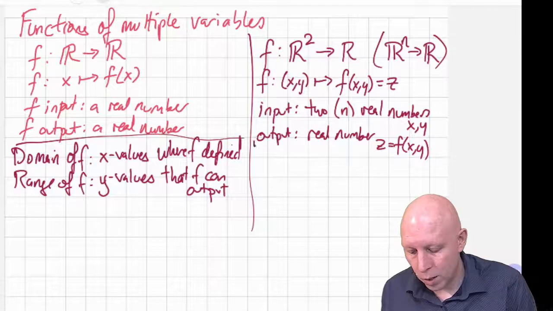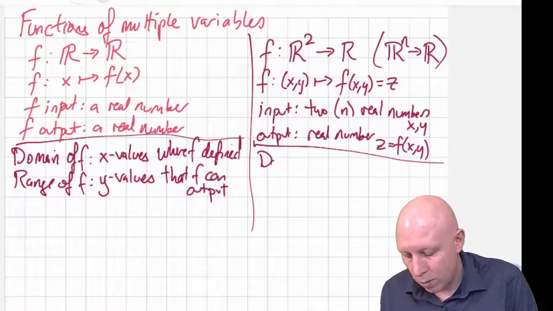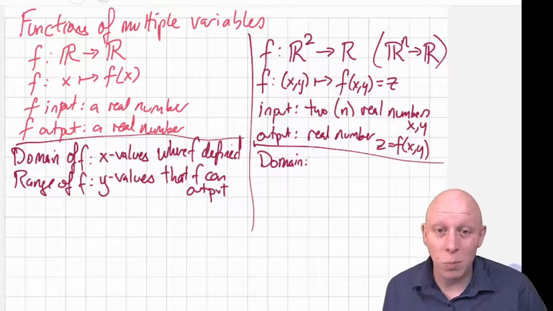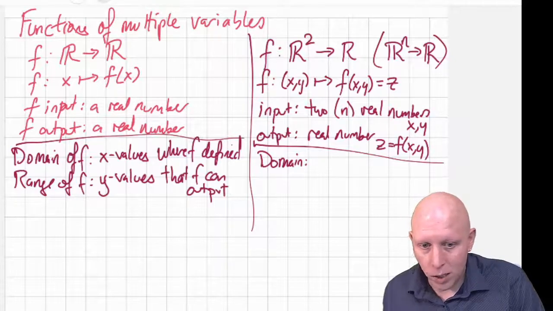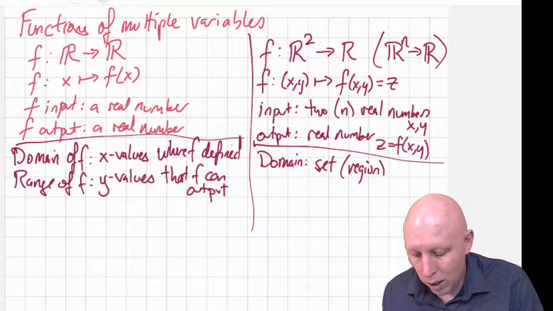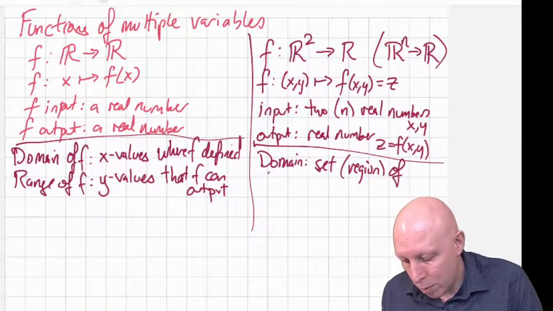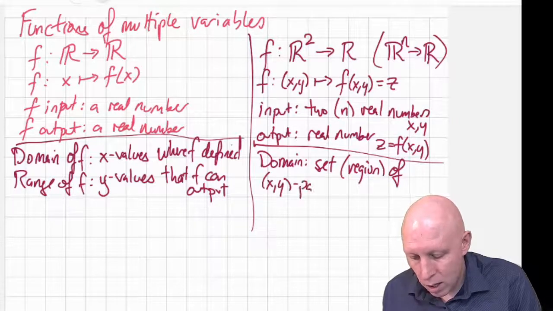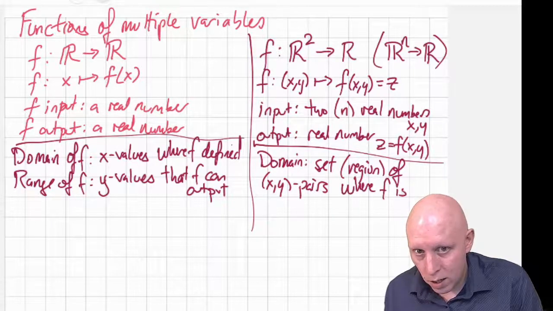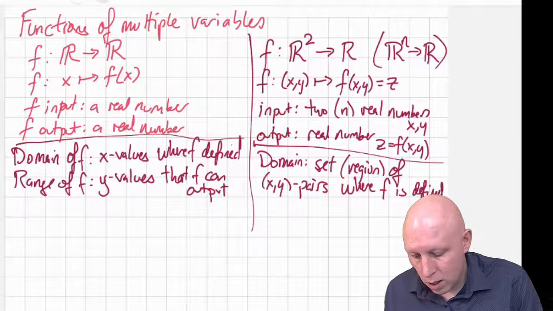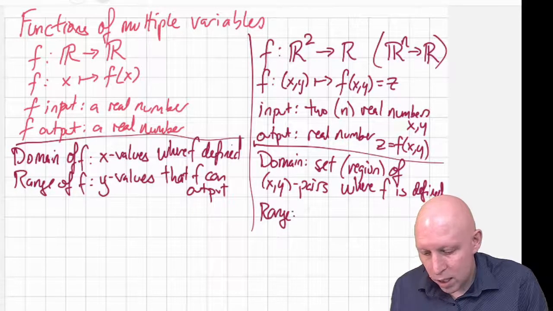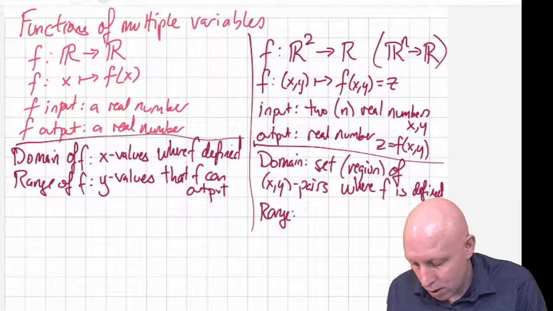So in terms of domain and range, the domain is the same idea: what are the inputs that you can put into this function. In this case, it's going to be a set, or we can think of this as a region of xy pairs where f is defined, and then the range is the set of z values that can come out.